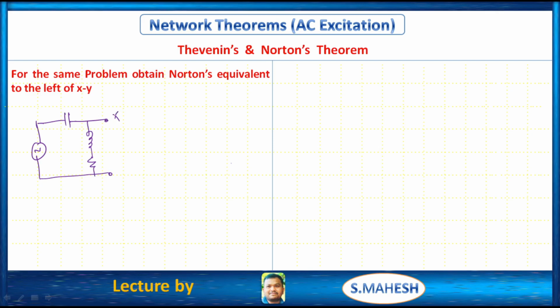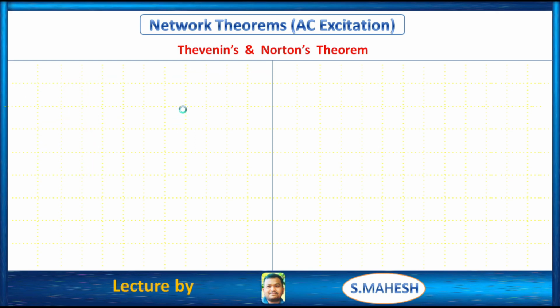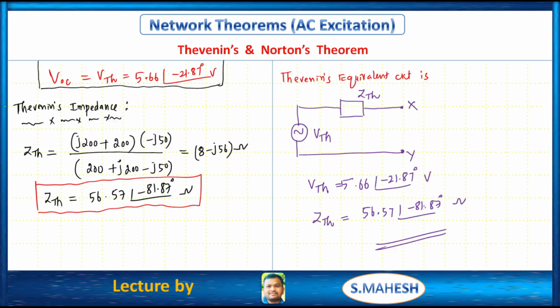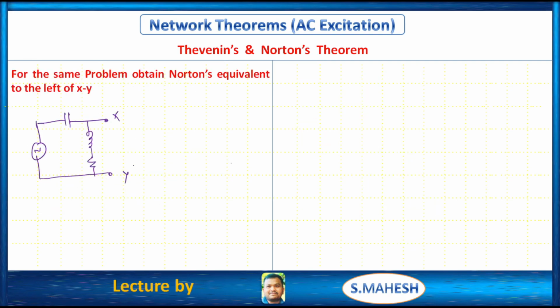This is X, this is Y. The voltage is 5 at an angle minus 30 volts, and this is minus J50, this is J200, this is 200 ohms. That's it. So from this we can calculate Norton's equivalent.